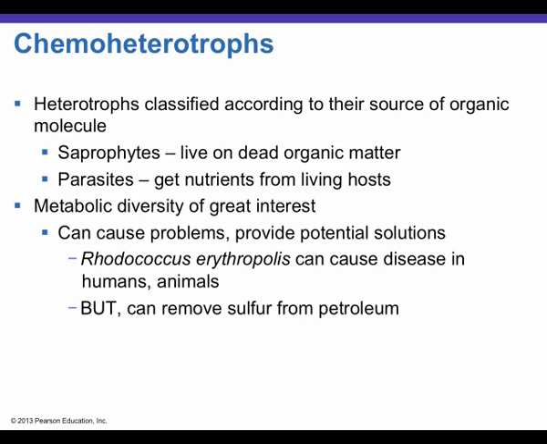So we can actually use that as a method to clean up petroleum waste. If we can tap the ability of bacteria to eat the bad stuff, we can perhaps find solutions to clean up some environmental issues. And that was our bioremediation that we talked about.